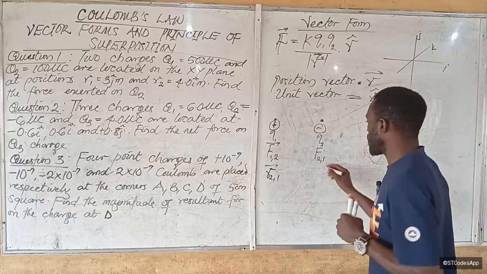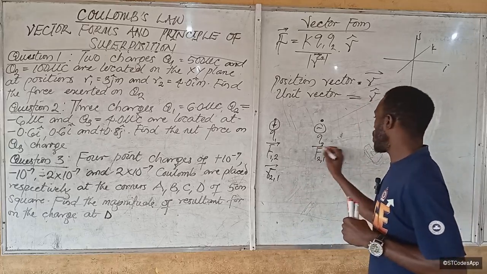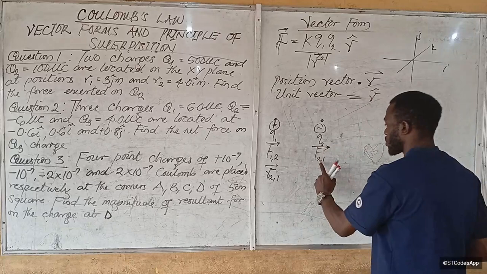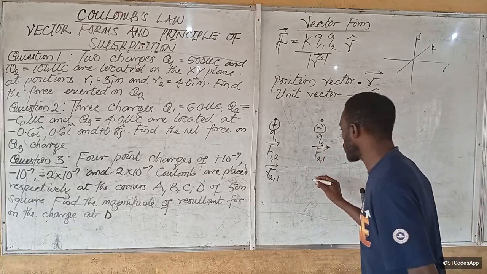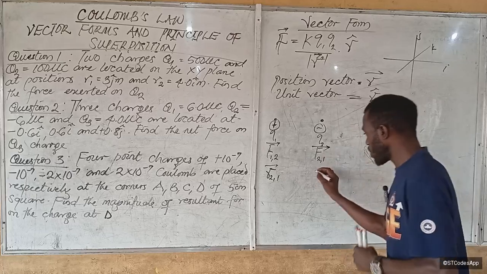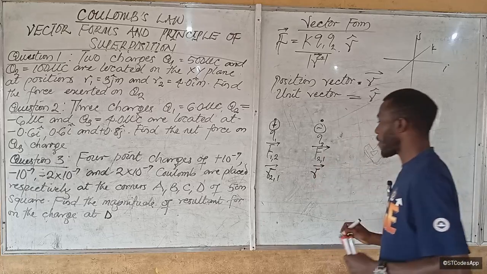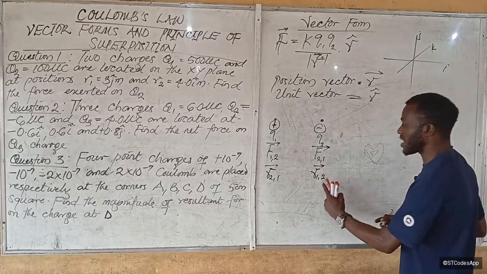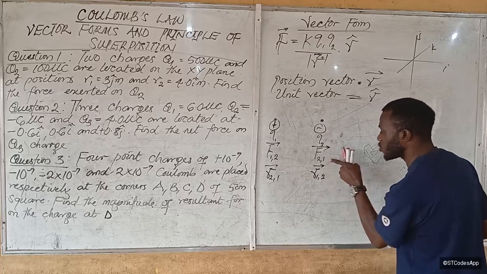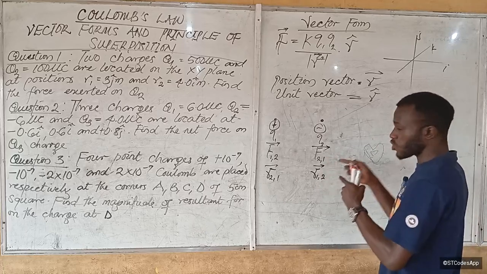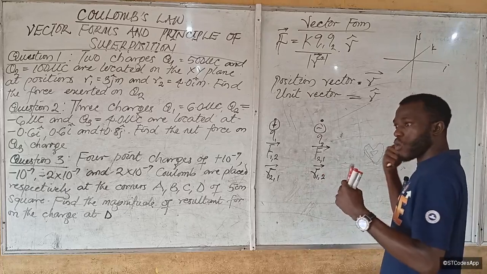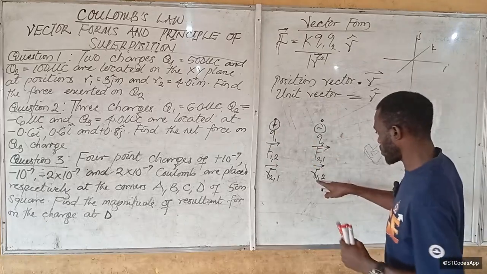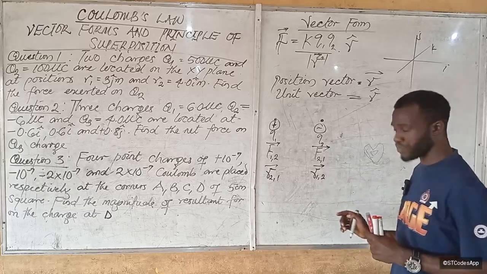Then the force on charge 2 due to 1 is going to be written this way, but the position vector is going to point from 1 to 2. Pointing from 1 to 2 means that the force is due to 1, right? So the force is from 1 on 2. Does that make sense? So that's r12. Okay?